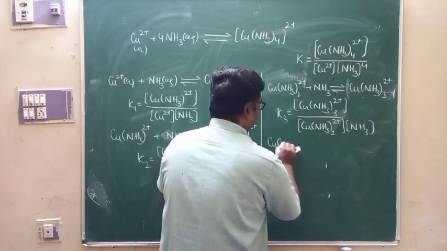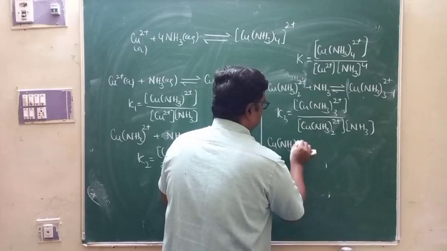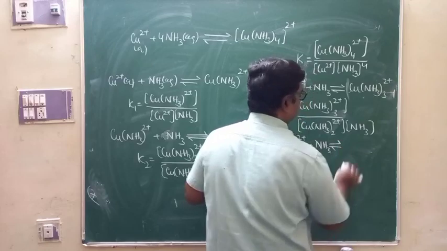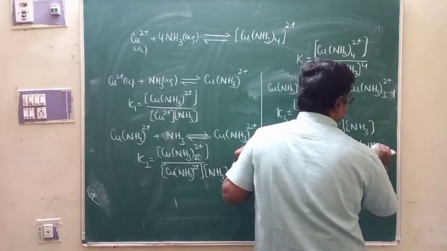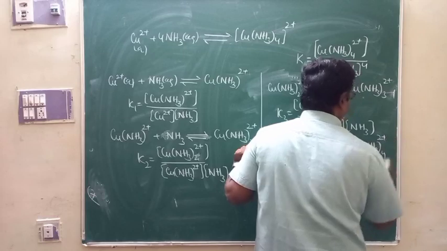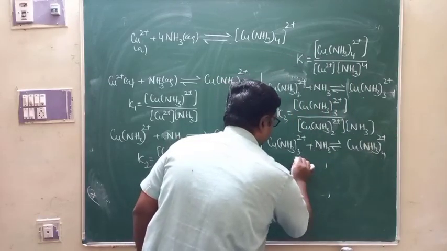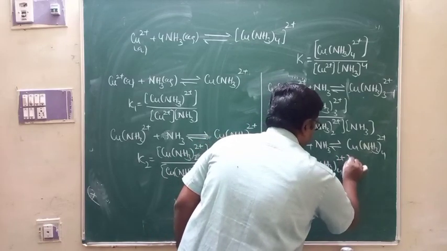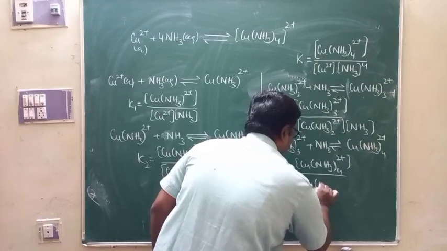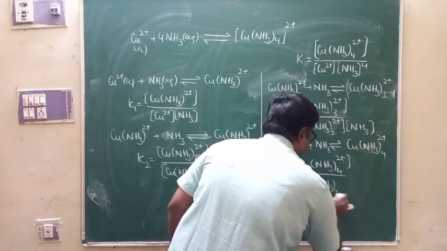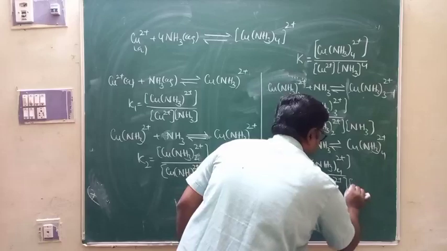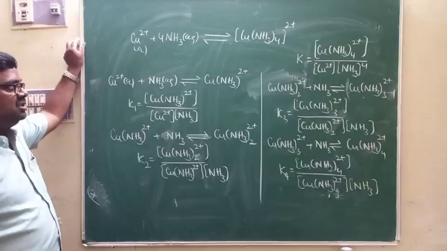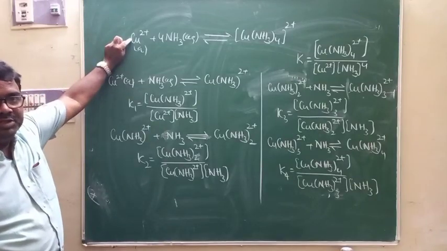And for the fourth step, Cu(NH3)3 2+ combines with 1 more mole of ammonia. That leads to Cu(NH3)4 2+. And K4 is equal to Cu(NH3)4 2+ divided by Cu(NH3)3 2+ and NH3. And these are the stepwise association constants for the formation of this particular complex.